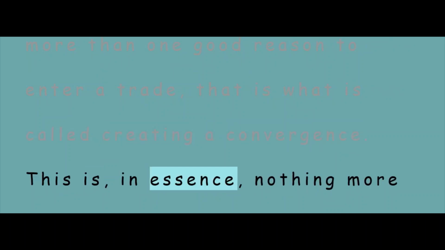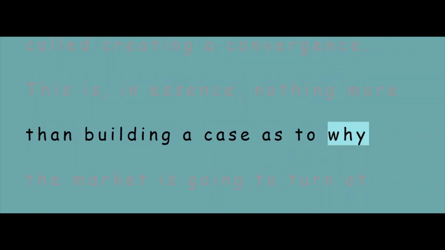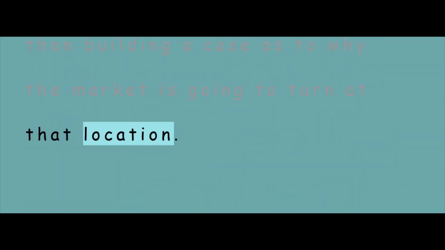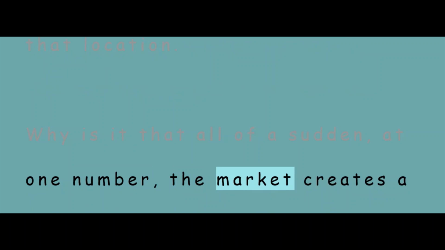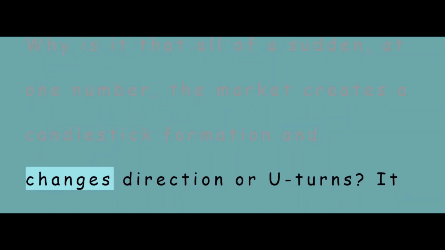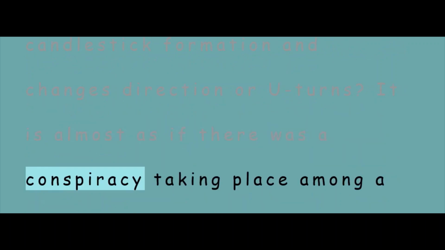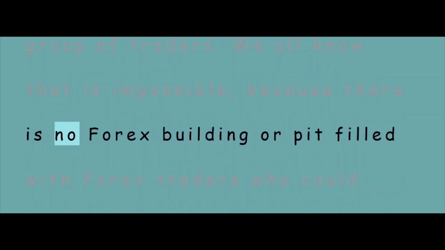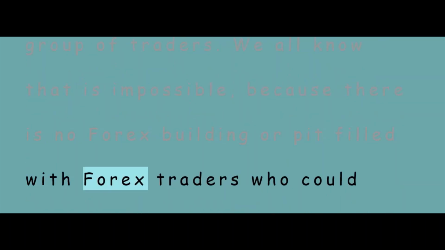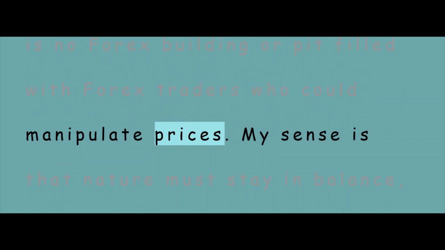This is, in essence, nothing more than building a case as to why the market is going to turn at that location. Why is it that all of a sudden, at one number, the market creates a candlestick formation and changes direction or U-turns? It is almost as if there was a conspiracy taking place among a group of traders. We all know that is impossible, because there is no Forex building or pit filled with Forex traders who could manipulate prices.